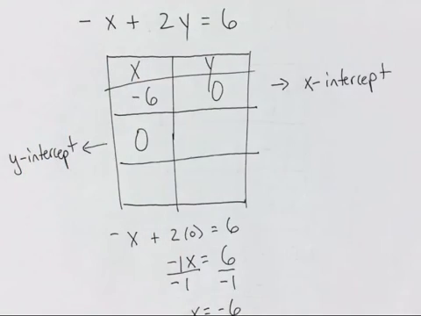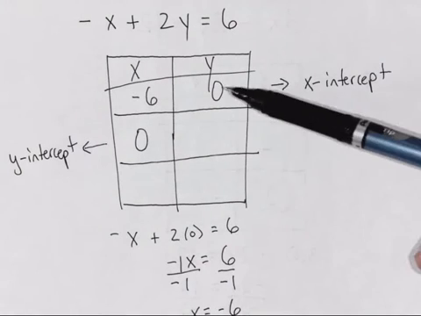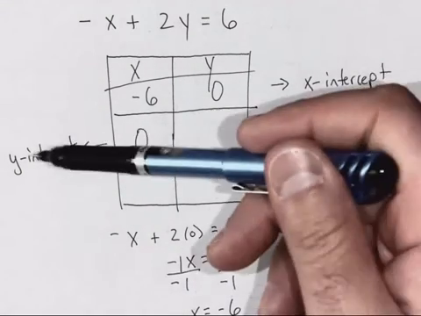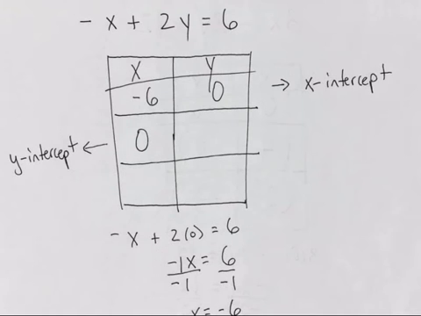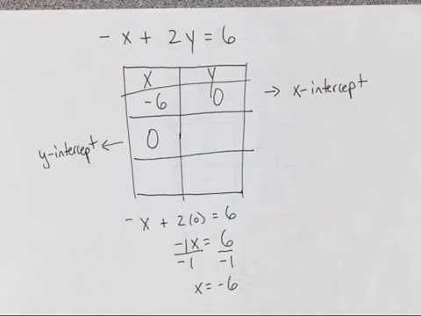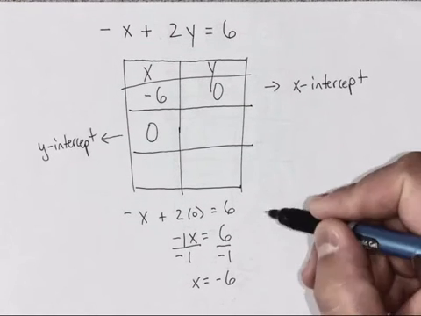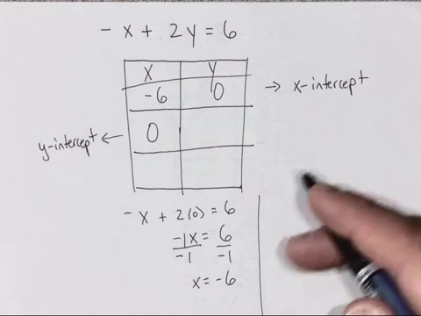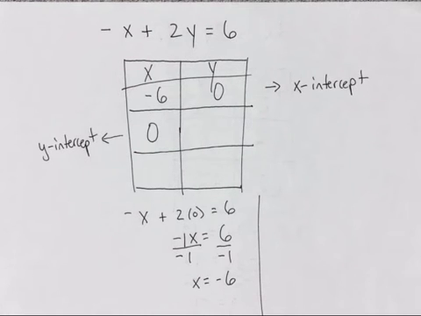So it may seem a little backwards because we plug 0 in for y to get the x-intercept, and we plug 0 in for x to get the y-intercept. But when you think about it graphically, hopefully it makes sense. Okay, so let's solve our equation to try to find our y-intercept. So in this case, I'm going to put 0 in for x.